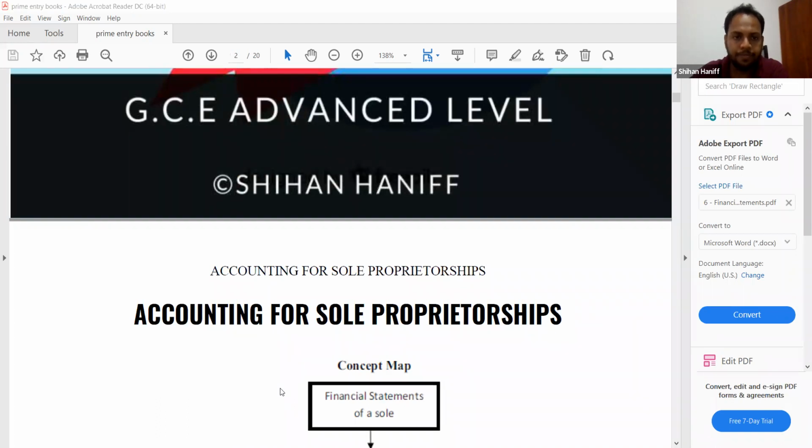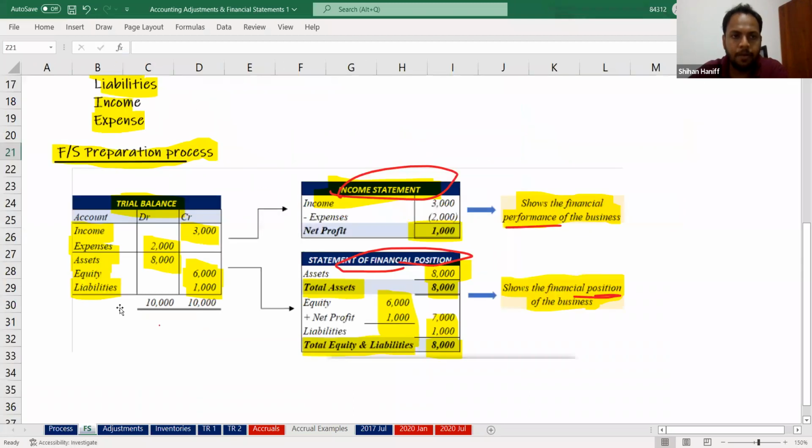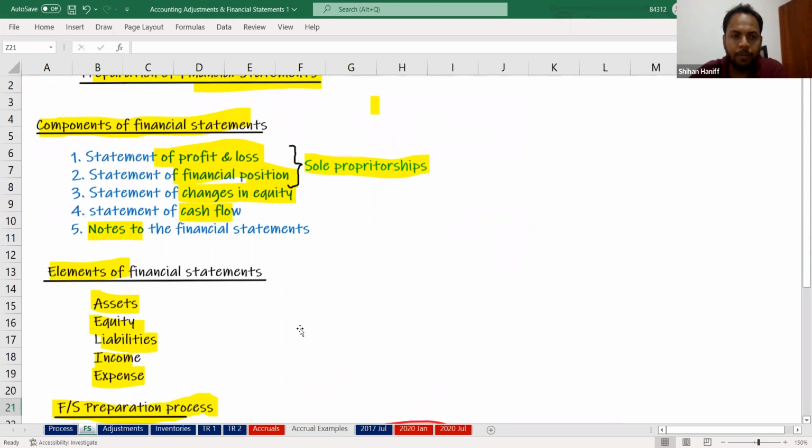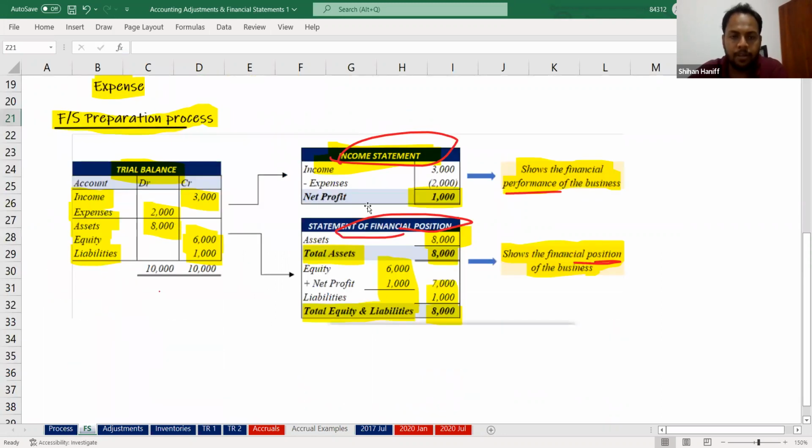So we started with the components and the elements in the accounting process, how we prepare financial statements from the trial balance.